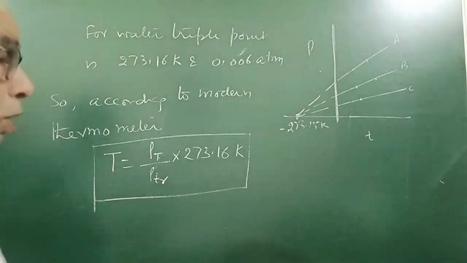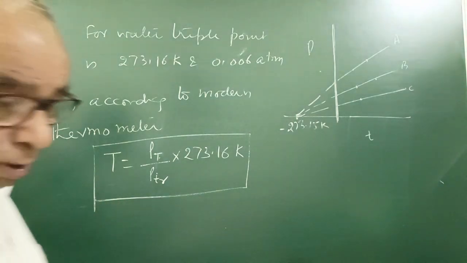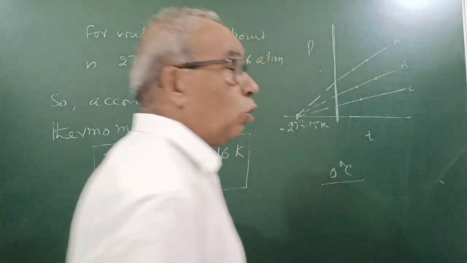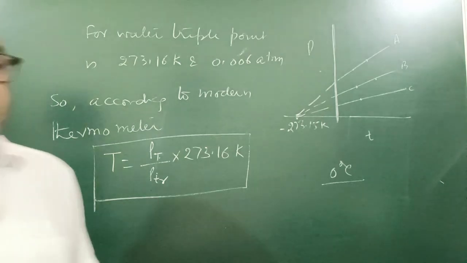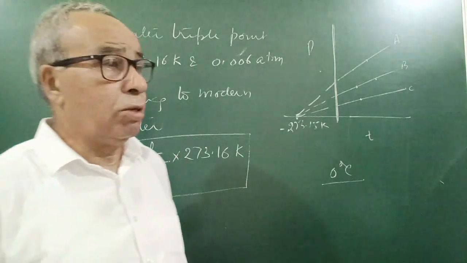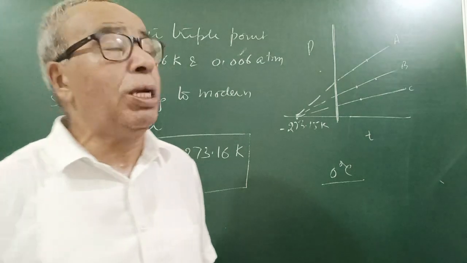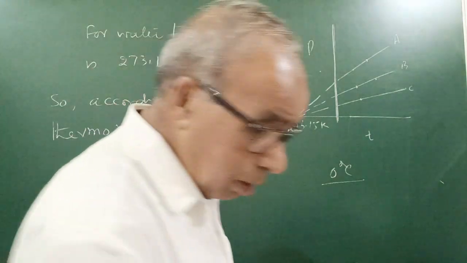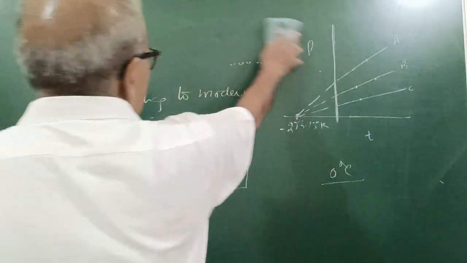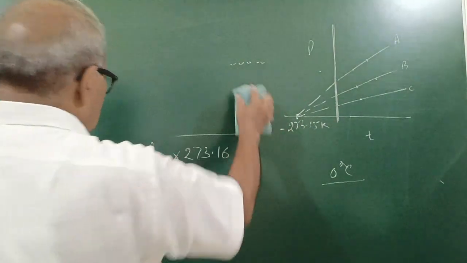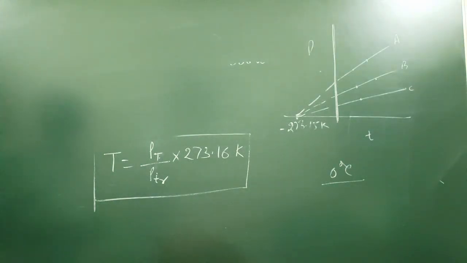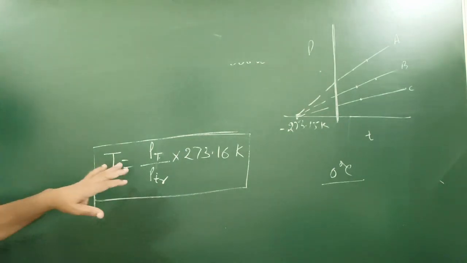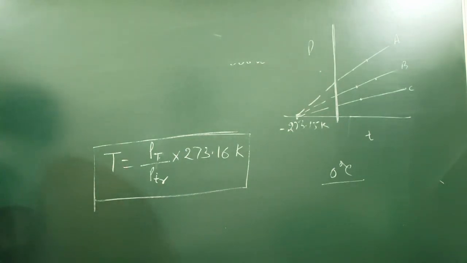Actual zero is 0 Kelvin. 0 degree centigrade is not actual zero. Zero means if the balance in your bank account is zero, you have no money. Similarly, if temperature is zero, there should not be any temperature further. But things colder than ice are there. So in modern thermometry we take only one fixed point, the triple point of water, and using this fact we can tell the temperature.